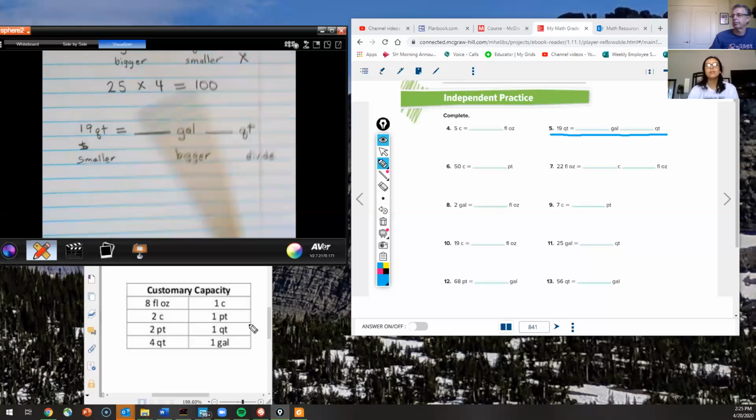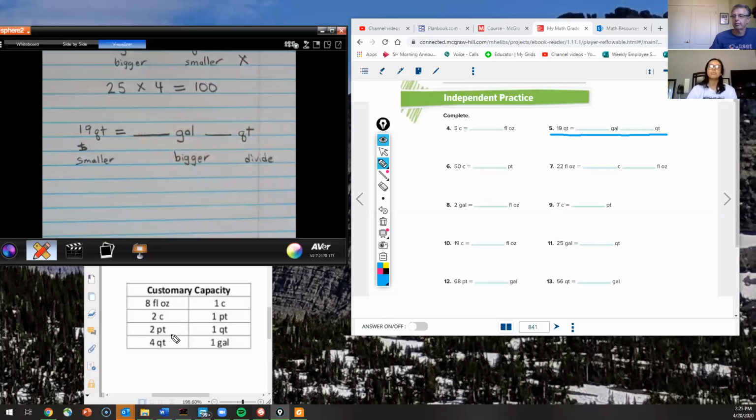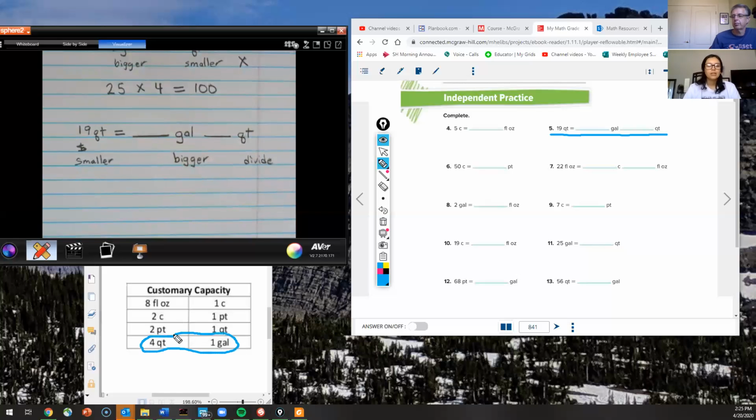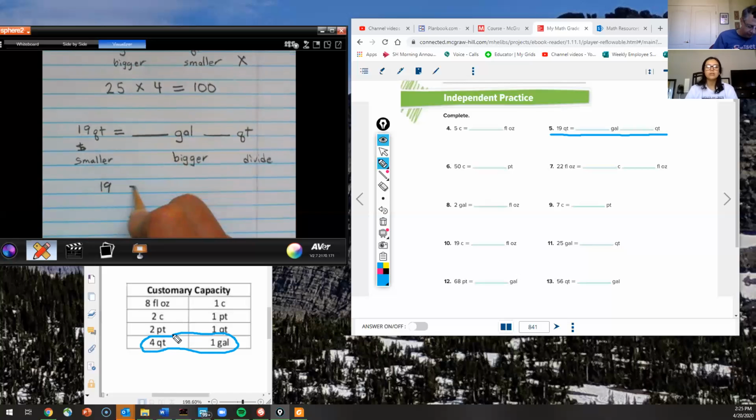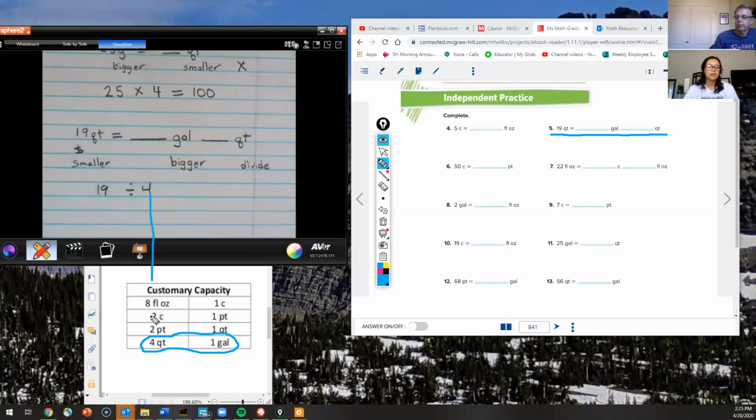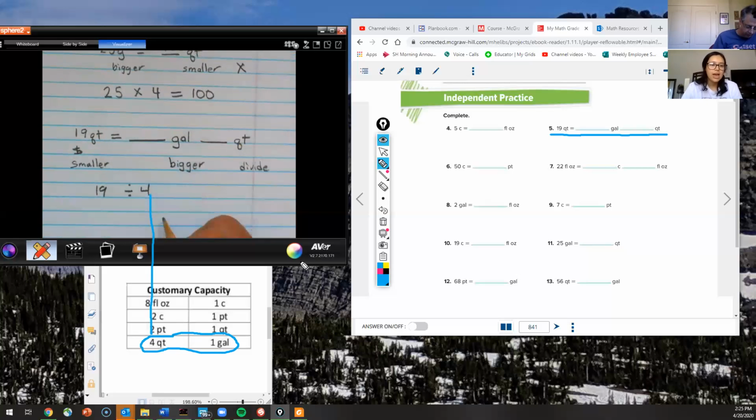It looks like we're going to be using the same conversion as the one before, the 4 quarts in 1 gallon. So we are going to divide our 19 quarts by our 4, because there's 4 quarts in 1 gallon. Since we are going to have a remainder, we want to make sure to divide it out.